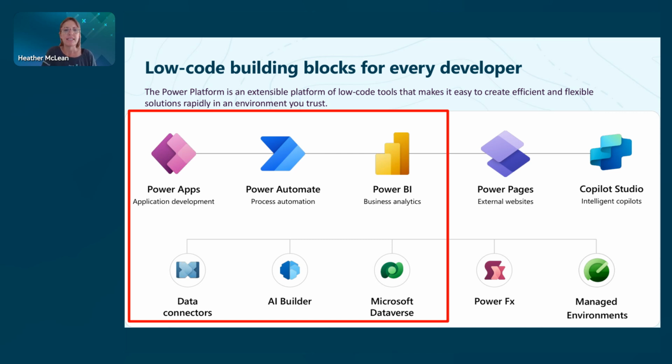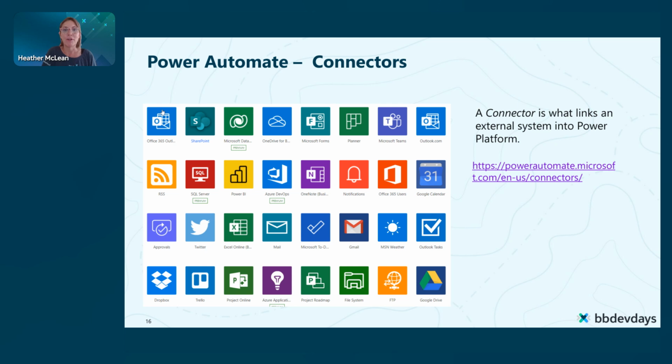Now, Blackbaud is not the only company that has connectors in that ecosystem, although we have the largest footprint in the Microsoft ecosystem as far as connectors go. It is, again, what links any external system into the Microsoft Power Platform. Another place that you're going to want to go is to look at all of the connectors that are available within the Power Platform, not just Blackbaud's, but others as well.